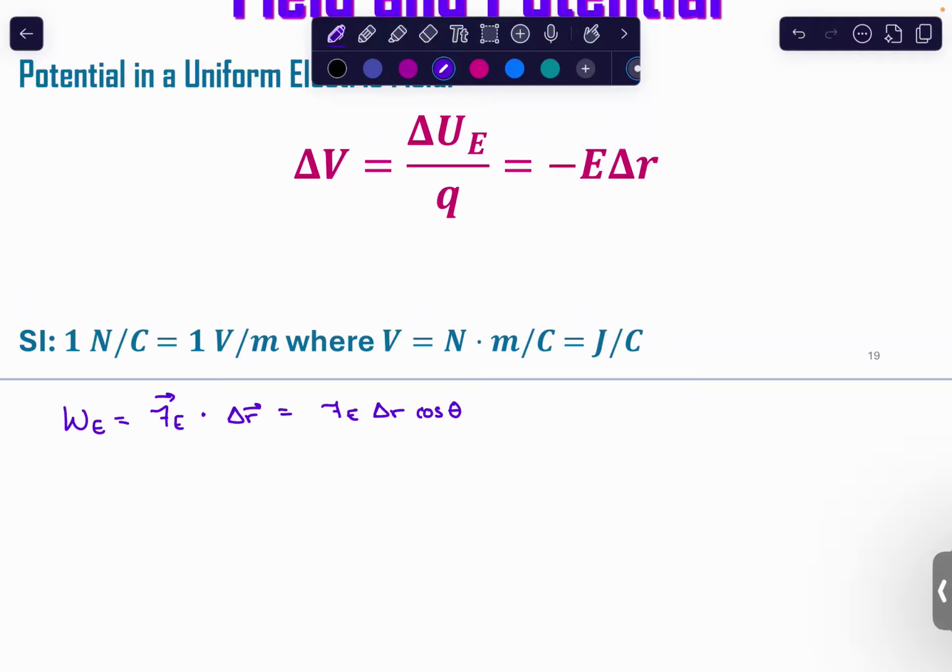And then the electric field is, so that with a positive charge, the force is in the same direction. So theta of 0 gives cosine equal to 1. So we get Fe delta R, and our electric force is Q E delta R.